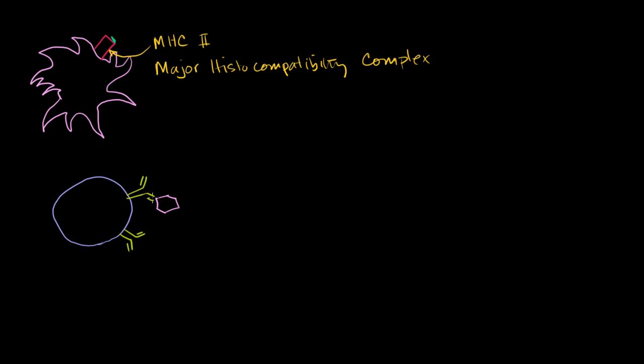And what it'll do is take this in and cut it up, and do the same thing as what the dendritic cell did. It'll cut up a part of this and present it on, so I made this in pink, so I'll make it in pink right here, a little part of this virus. It'll present it on its surface in conjunction with an MHC2 complex.